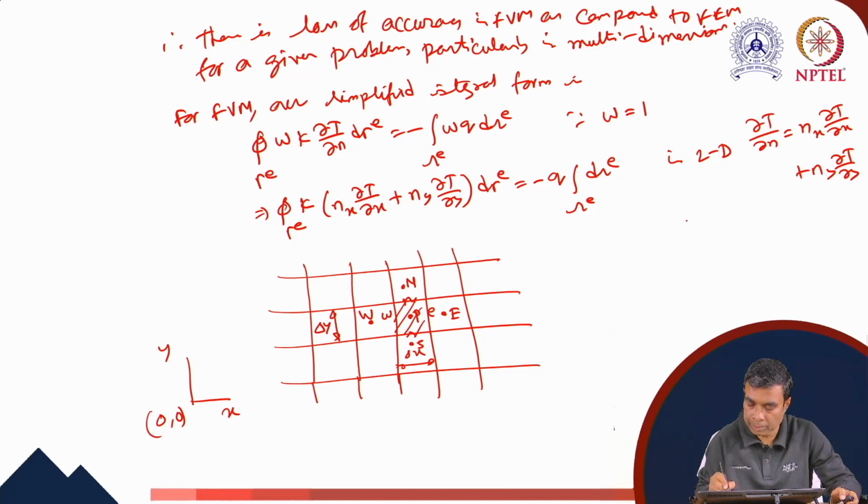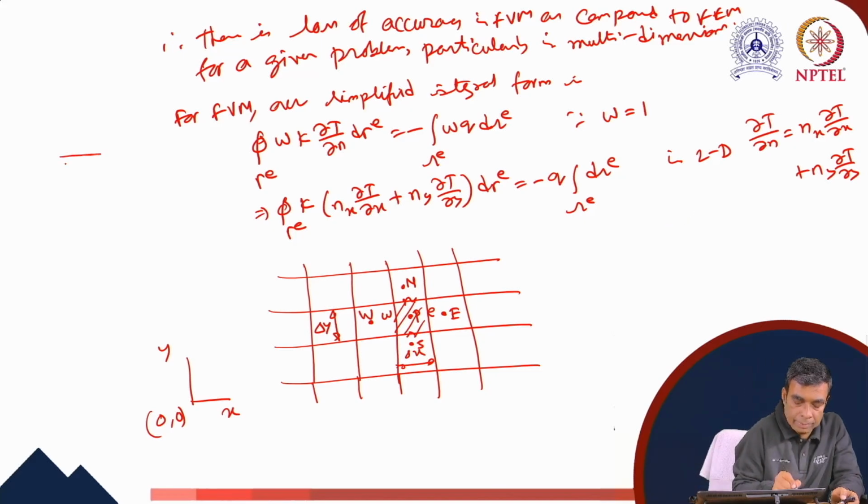So if we zoom this picture here, this is the cell P, this is the south neighbor, this is the east neighbor, this is the north neighbor, and this is the west neighbor. This is the east face, this is the north face, this is the west face, and this is the south face.